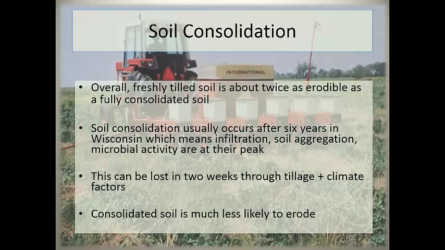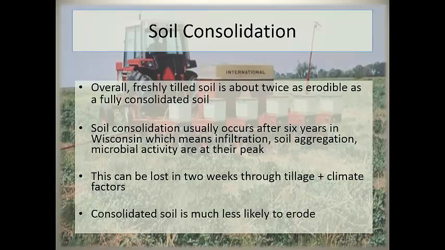So for example, if someone has continuous no-till greater than 7 years and they were to till the following year, okay, the erosion would be less as compared to someone who has continuous tillage.